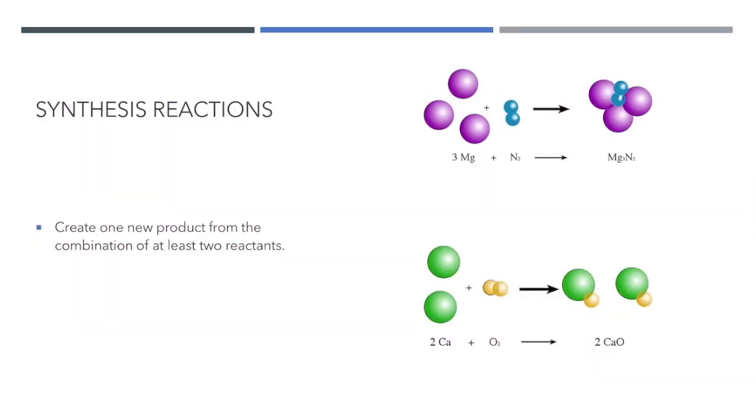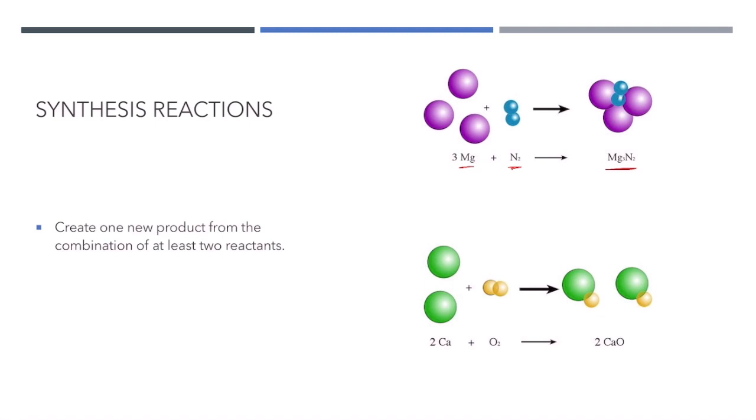So let's go ahead and talk about synthesis first. A synthesis reaction is where we take a couple different things and we combine them to form one product. So in this first example, I've got magnesium and nitrogen combining to form magnesium nitride.